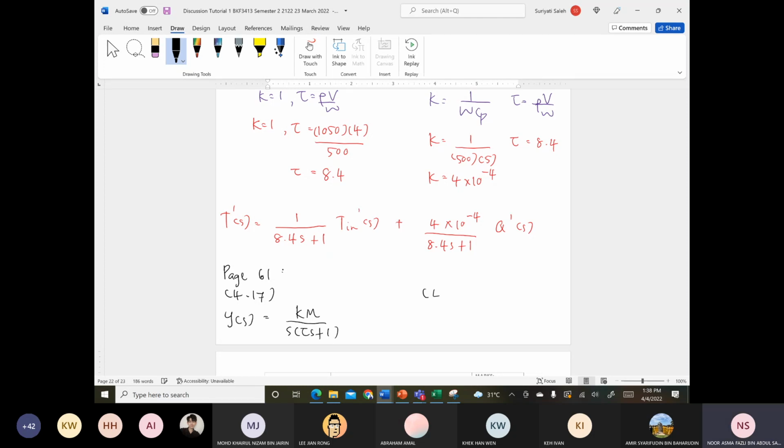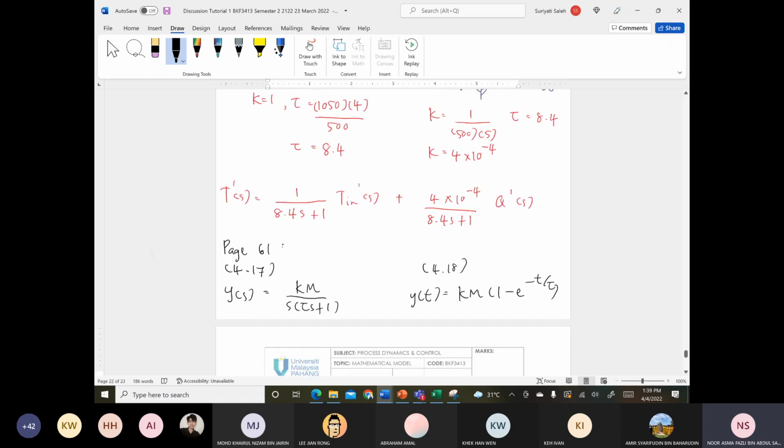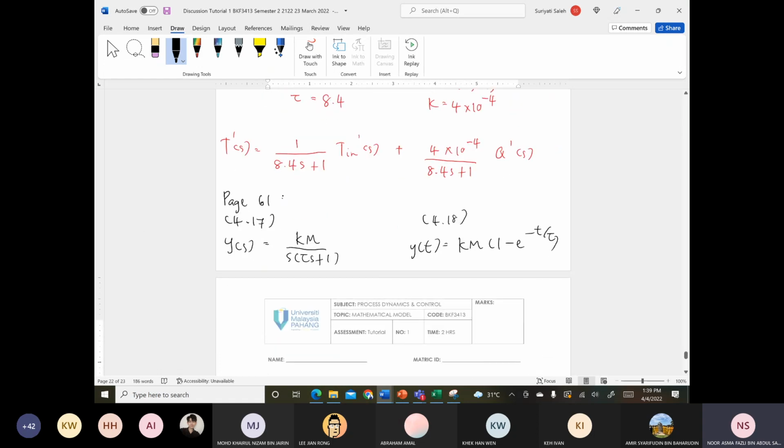So you can have 4.18: Y of t equals K M times 1 minus exponent negative t over tau. Alright. So whenever I have the first order transfer function, then automatically this is my inverse Laplace. Only here I need to determine what is my M over S.